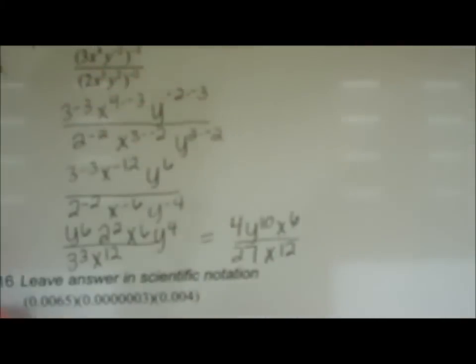And then I have x to the 12. Now from there, I can do x to the 12 minus 6. Because remember, when the bigger number is at the bottom, you subtract at the bottom. So when you do that, you get 4y to the 10 over 27x to the 6.